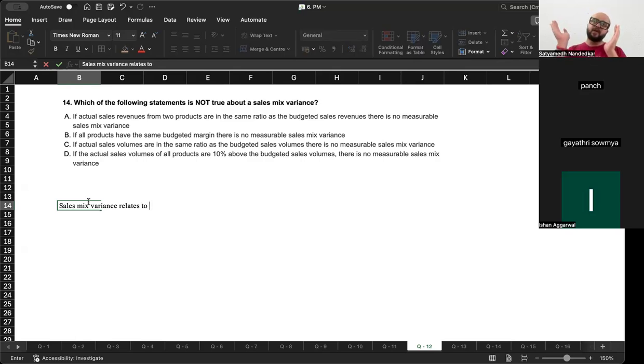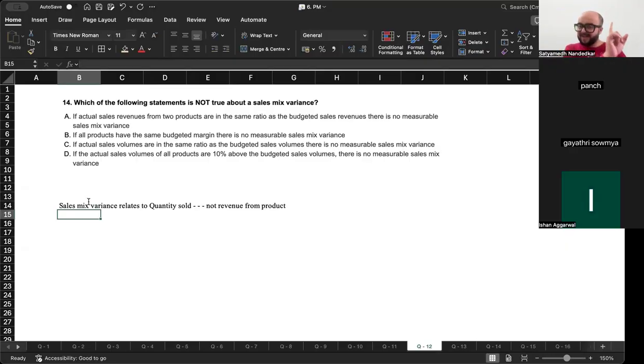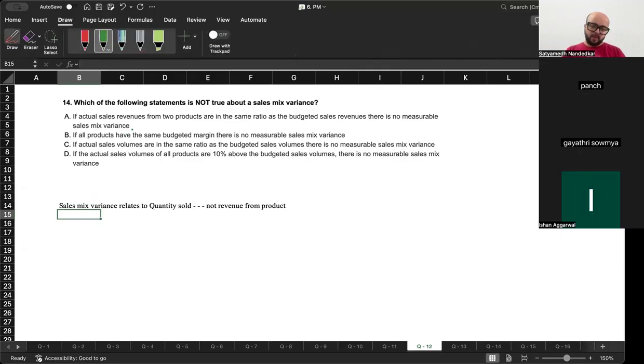Actual quantity, actual mix, actual quantity, standard mix. It talks about that, right? So sales mix variance refers to quantity sold, not revenue from product. You multiply that with the standard margin, by the way. Sales mix variance talks about the variance of quantity, not the variance of sales revenue. So statement one very clearly is not true.